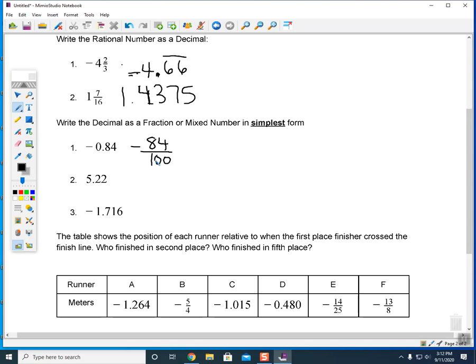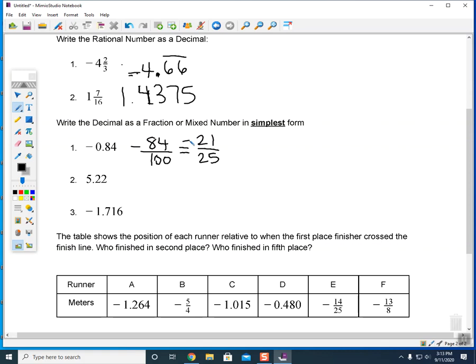Can I simplify this? Yes, I can. I know that 4 is going to go into both of these. 4 goes into 84 21 times. 4 goes into 100 25 times. Negative 21 over 25. That's in simplest form.